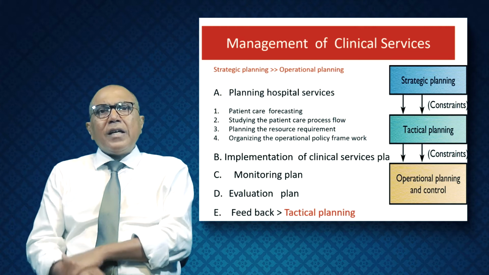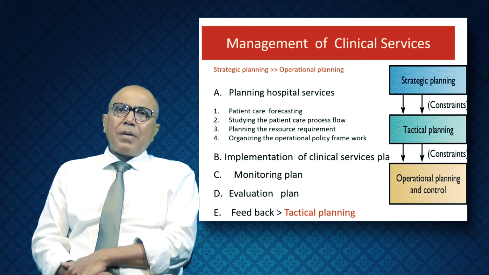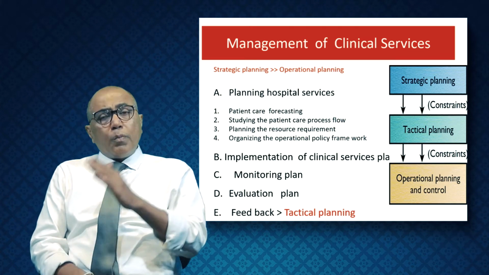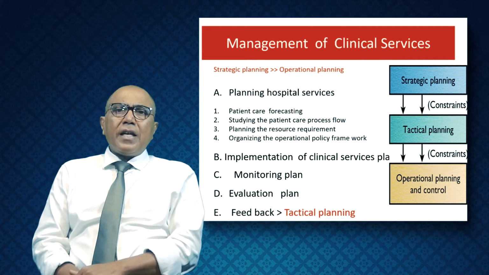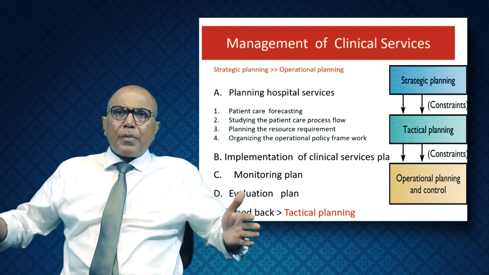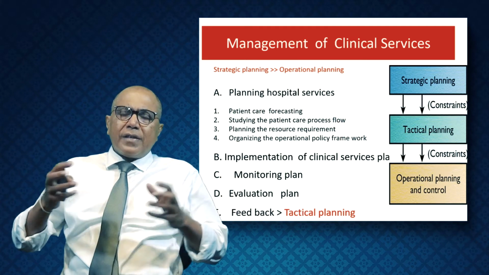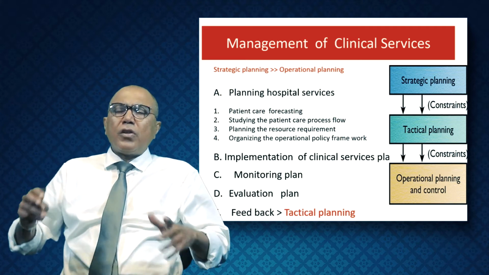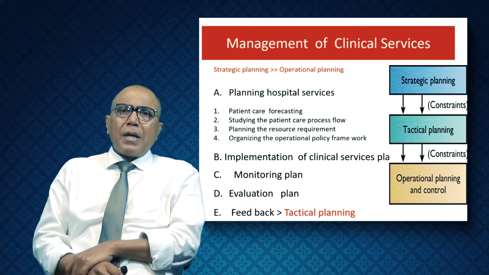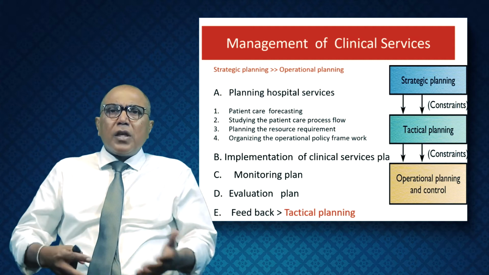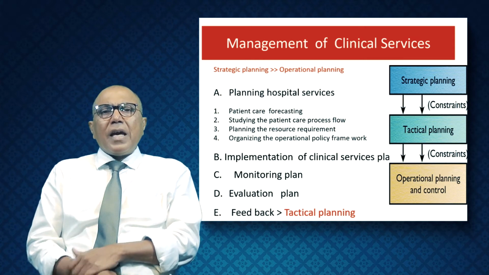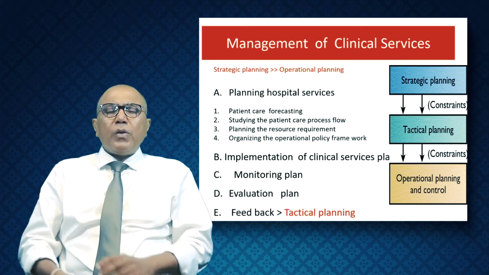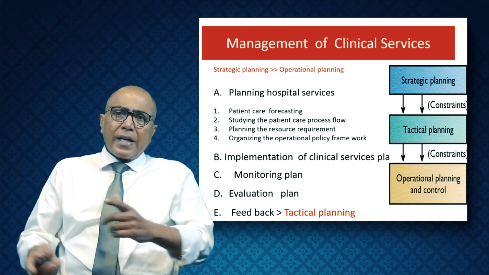I'll go again. First, we plan the hospital services through patient care forecasting, and then study the patient care processes, what's happening now, and then plan the resource requirements in order to organize the future plan that you need, and then implement the service plan, and then monitor and evaluate the plan, and finally feedback, and then change your process accordingly.